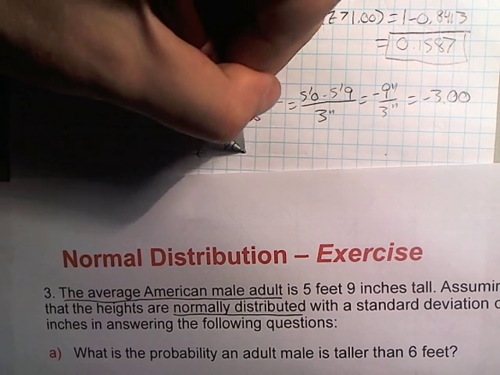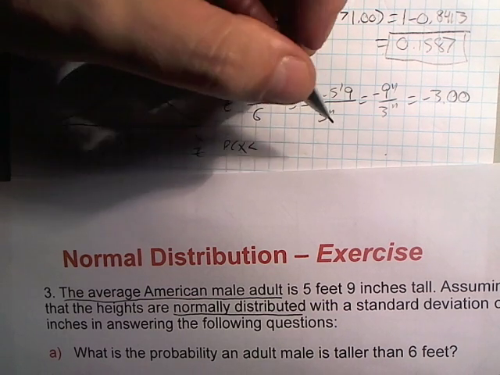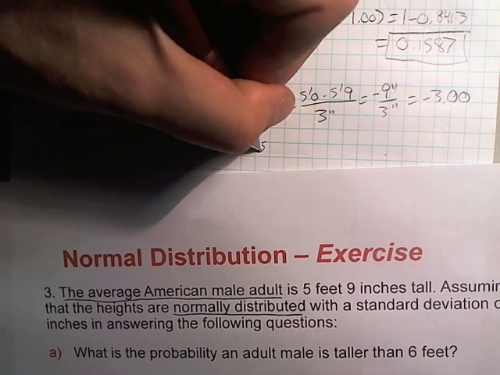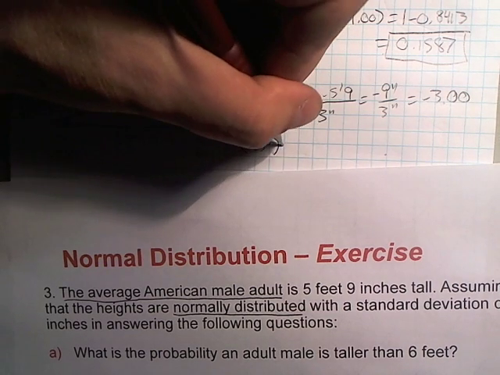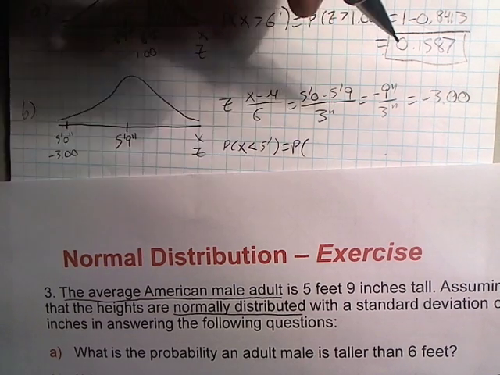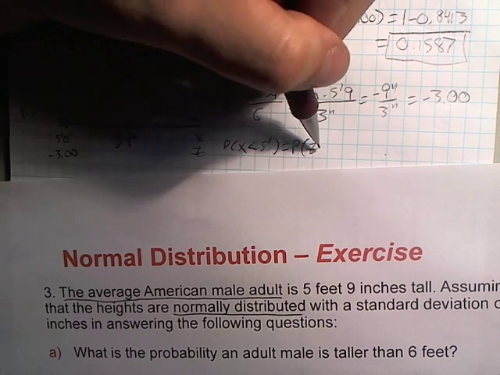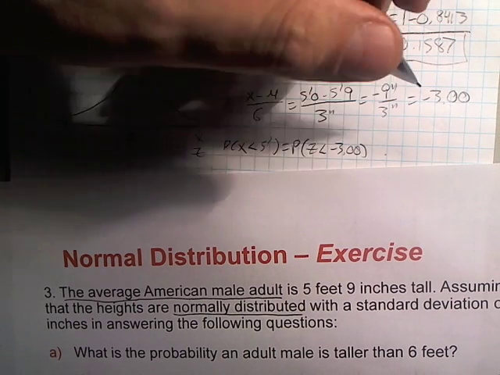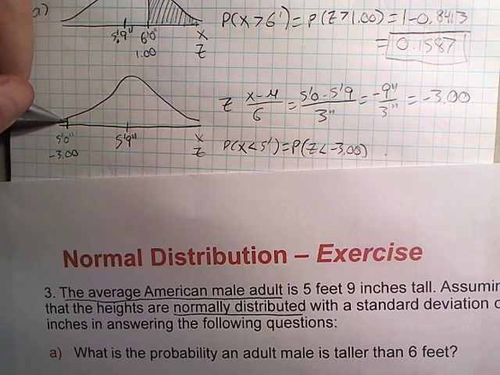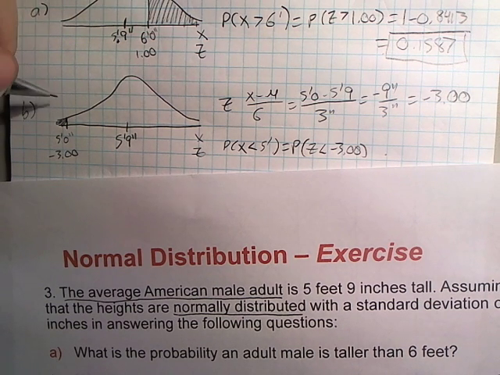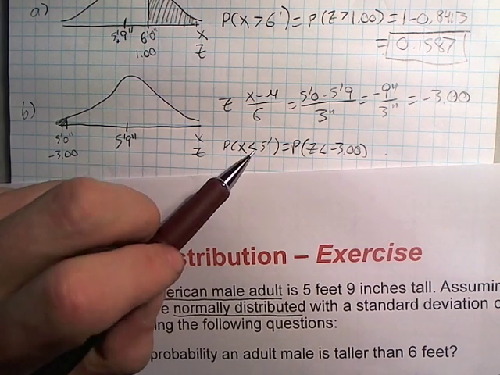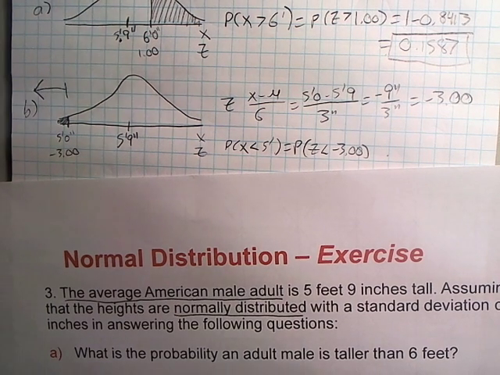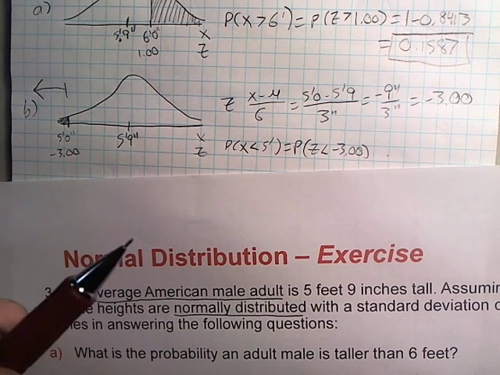So let's go ahead and write that out as a probability statement. The probability that x is less than 5 foot is equal to the probability that z is less than -3.00, and I'll shade in the area I'm interested in, less than this time, so we're interested in the area to the left of that z value.